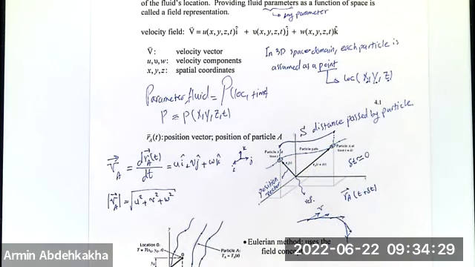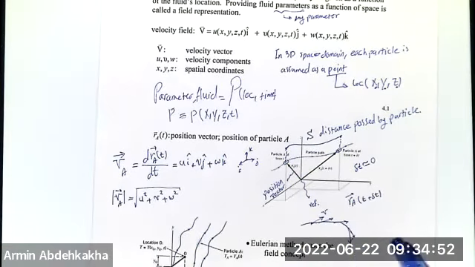But is it true that if you get these points, you have the streamlines? You're tracking a particle, right? The particle maybe is a car on a highway. Then it may change the line, right? Maybe you have other streamlines here.